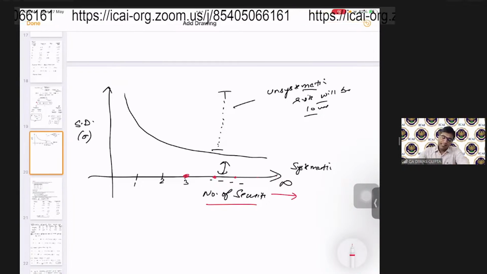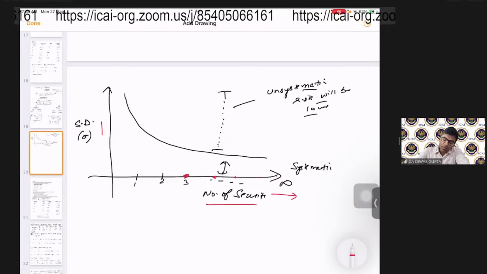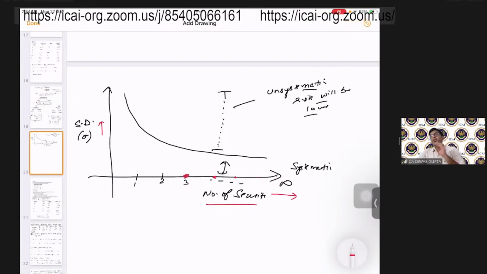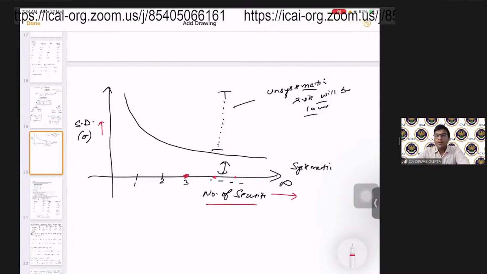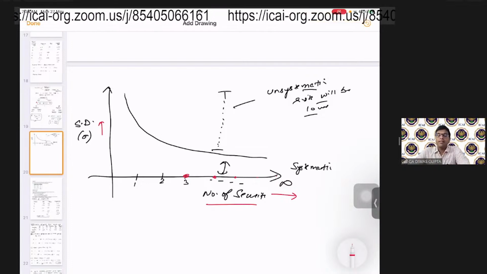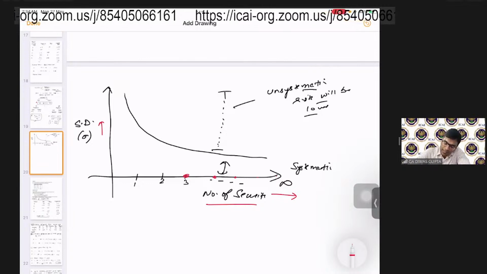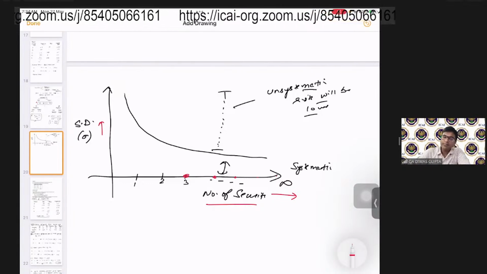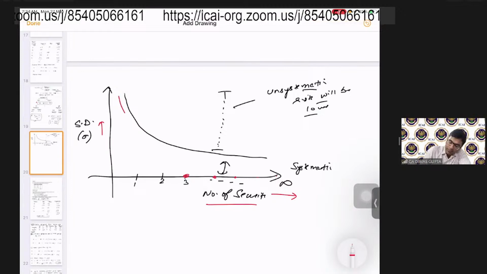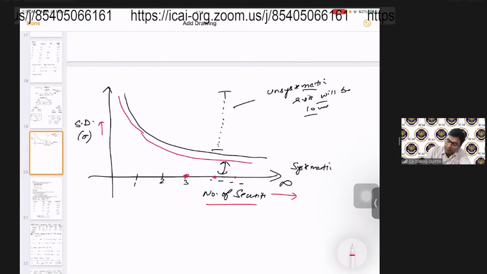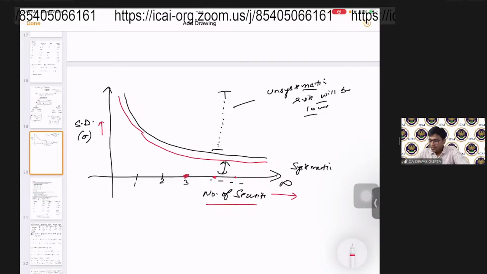And on the y-axis, we have standard deviation. What is the standard deviation for those respective numbers of securities, students? If we plot it, we will get this kind of curve that is mentioned here, like this. This is the curve.